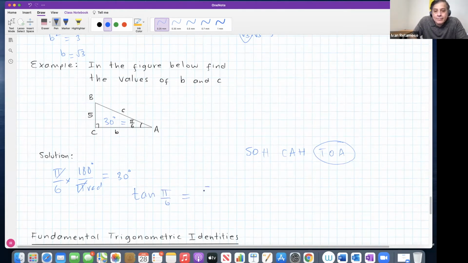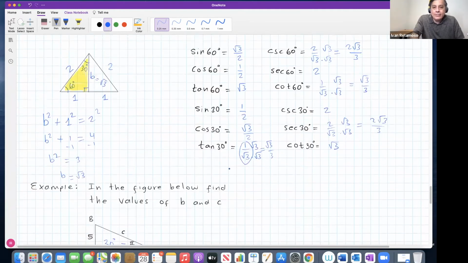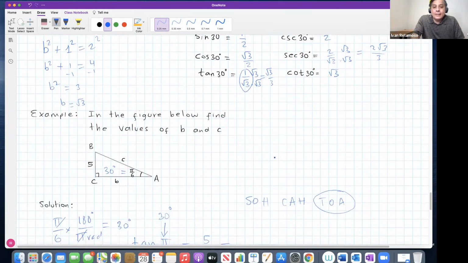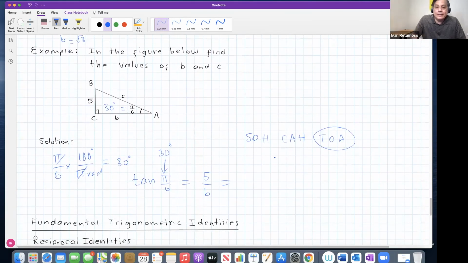Opposite 5 over adjacent B, right? But at the same time, since pi over 6 is 30 degrees, I know that tangent of 30 degrees, according to my calculations here, is square root of 3 over 3. So square root of 3 over 3 is tangent of pi over 6, right? So from there, solve for B, right?